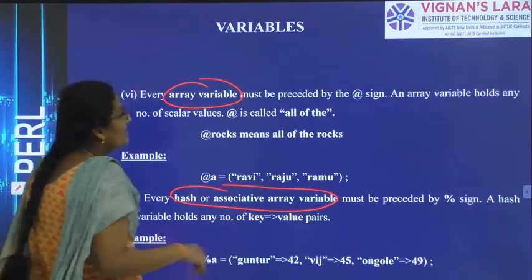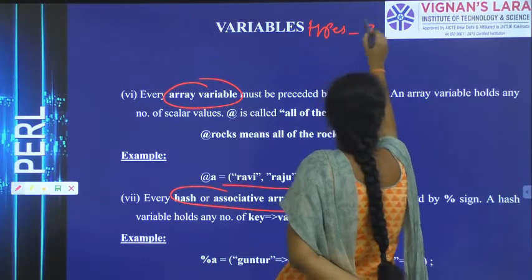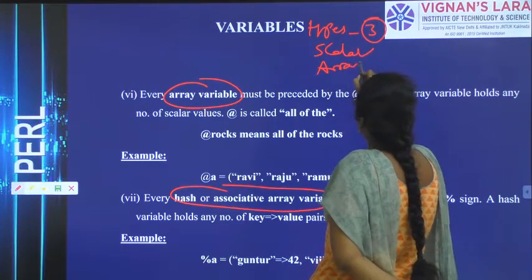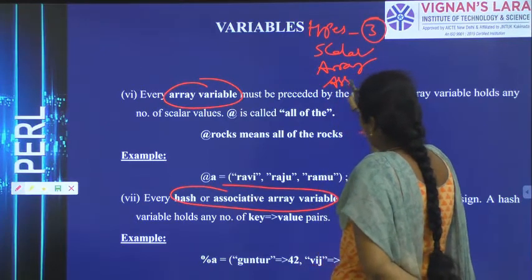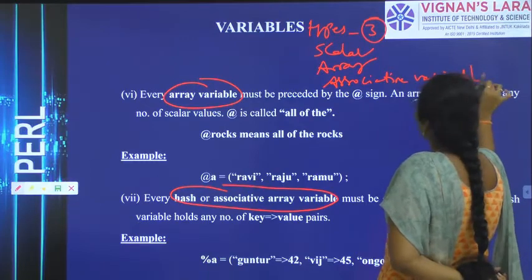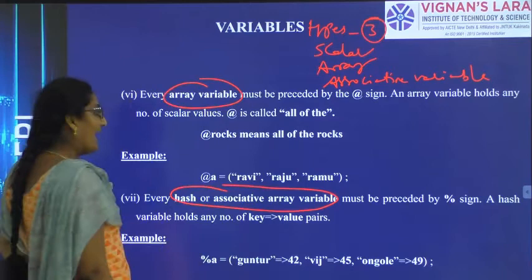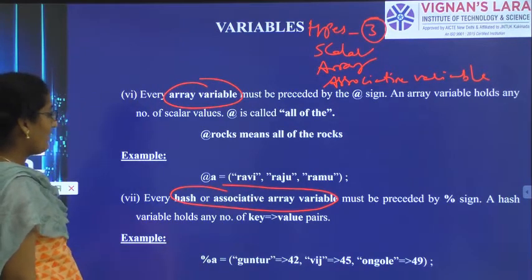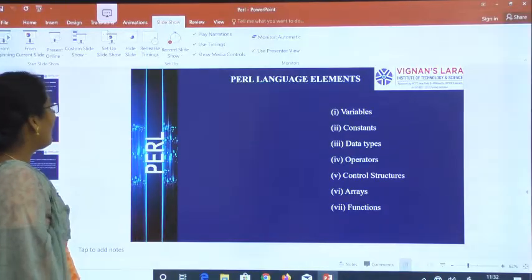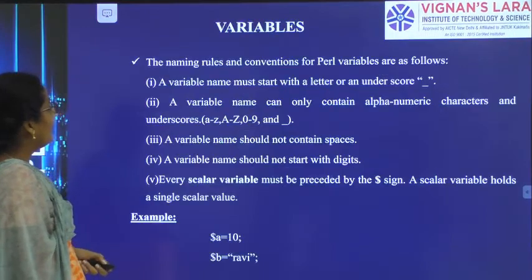So, 3 types of variables we have: scalar variable, array variable, associative array variable or hash variable. So what can a scalar variable hold?